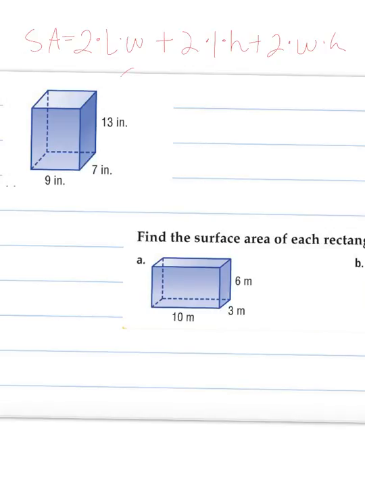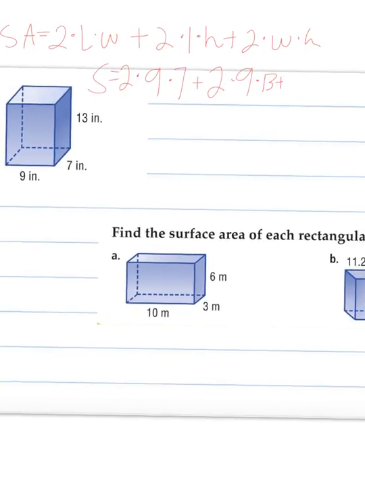So 2 times the length of 9 and the width of 7, plus 2 times the length of 9 times the height of 13, plus 2 times the width of 7 and the height of 13. So we could designate each of these height, width, length.